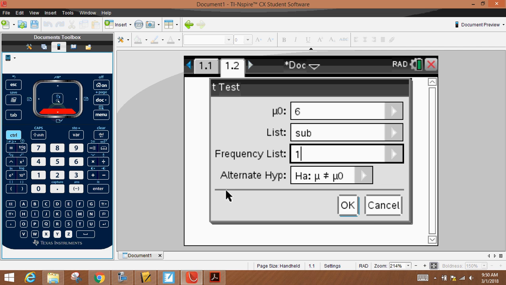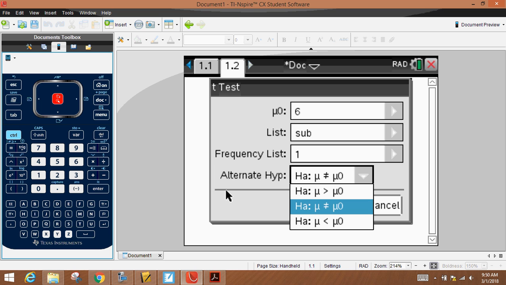And our alternative hypothesis is that the parameter is less than the actual mu.